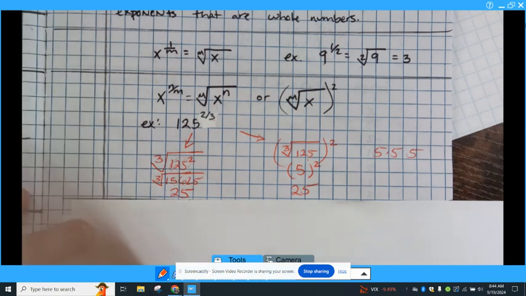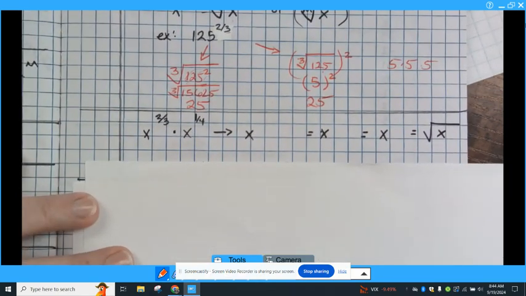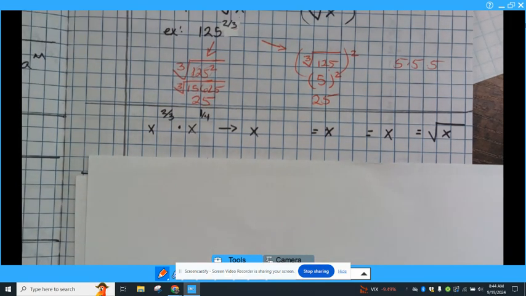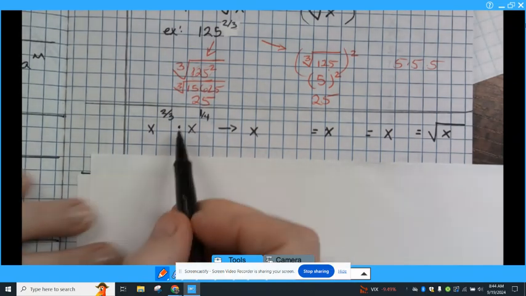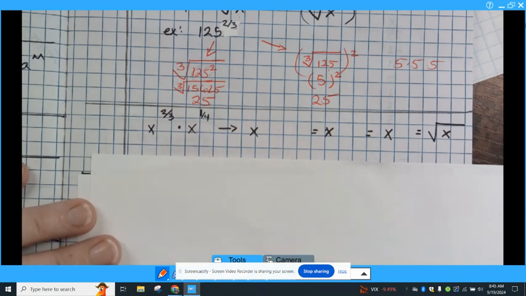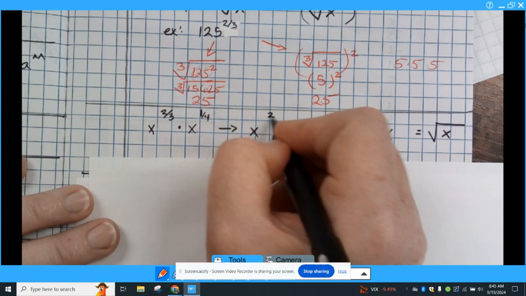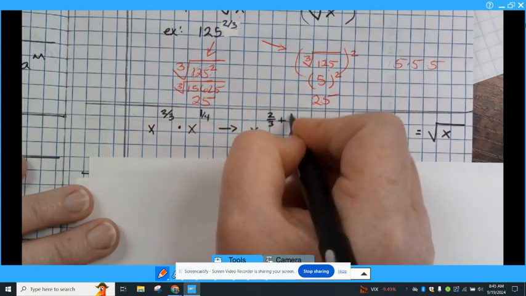So, okay, our next example. I have x to the 2/3 times x to the 1/4. Using our rules of exponents, the product rule means that we can add these. Well, they're fractions, so that's going to give me 2/3 plus 1/4.